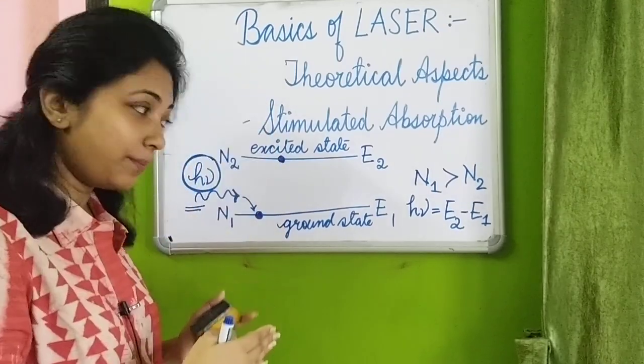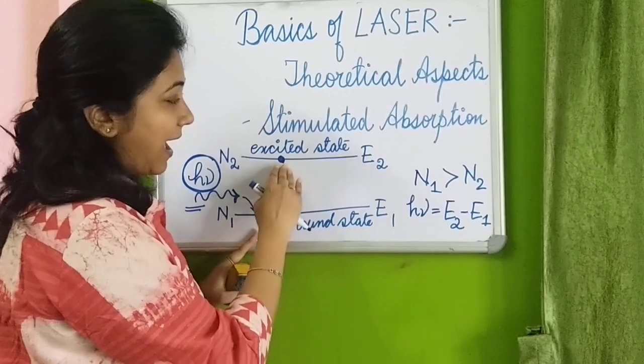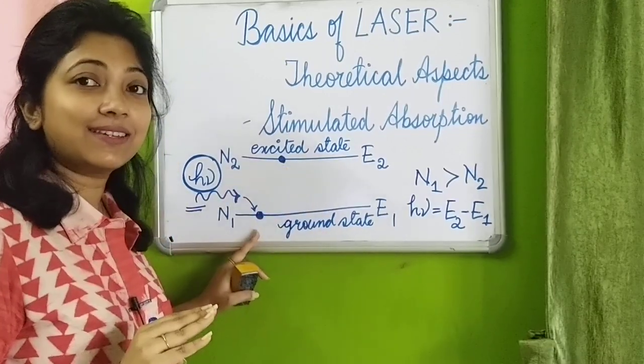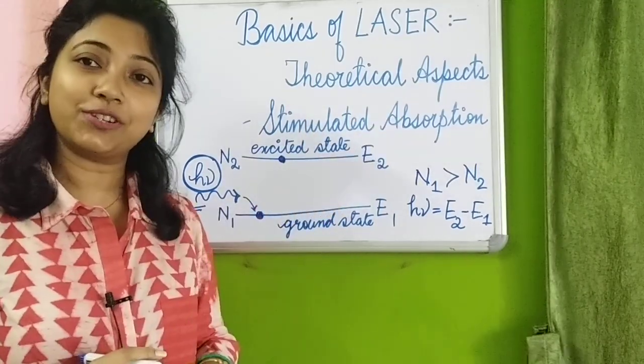So in the before picture, the electron is in the ground state. In the after picture, the electron is in the excited state. This process is called stimulated absorption.